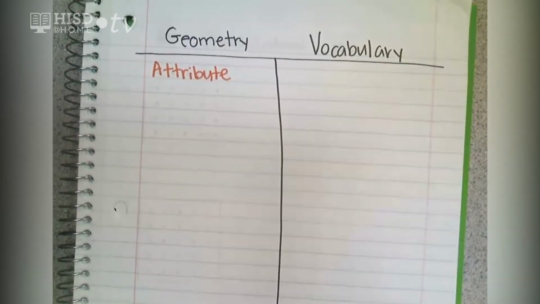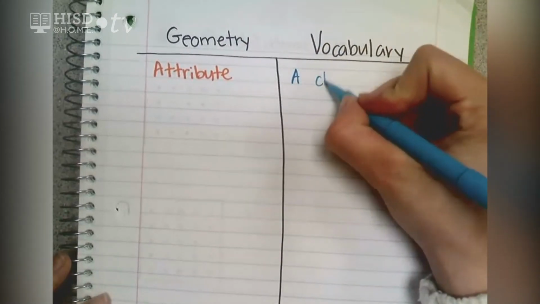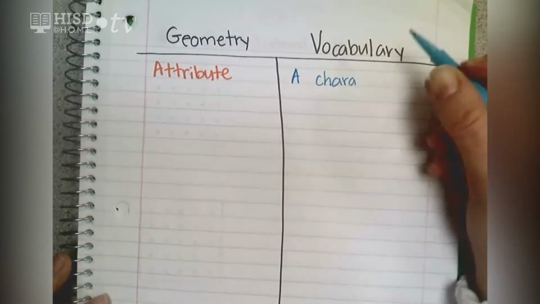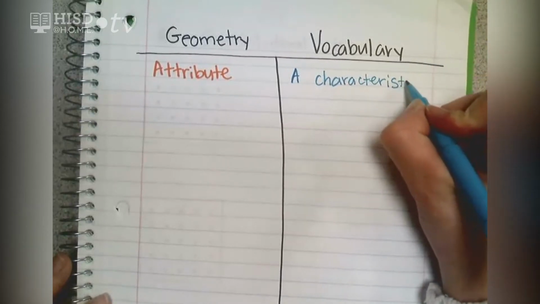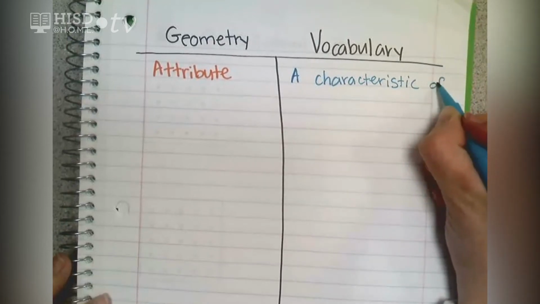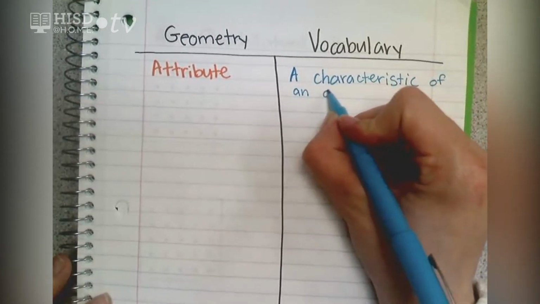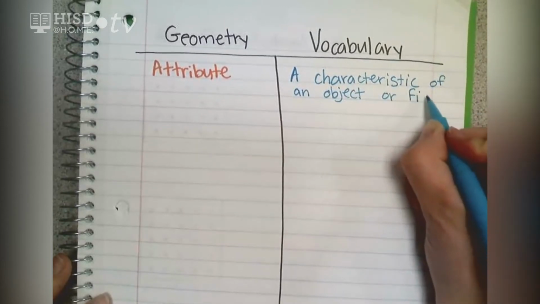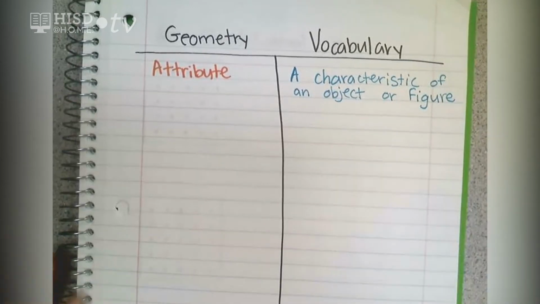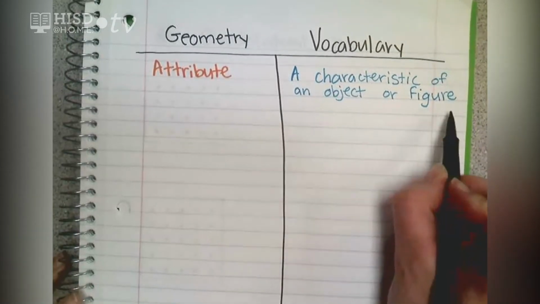It's the same thing. So a characteristic of a figure or an object or really anything. There's not really a picture we can draw with that to really show that. That would be more like something we'd have to display.